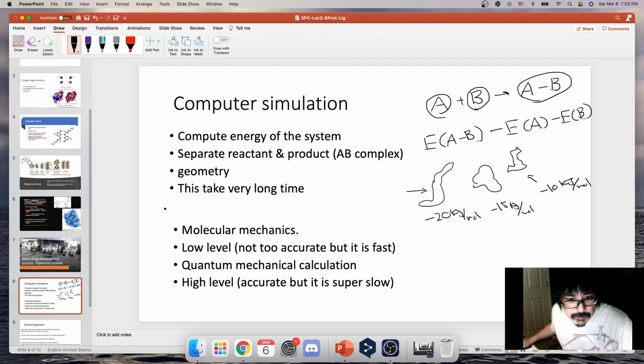So what's the best method to calculate those? There are two popular ways to calculate. One is the low-level calculations using molecular mechanics. Molecular mechanics is nothing but the ball and string model.